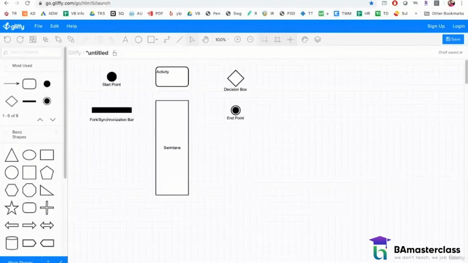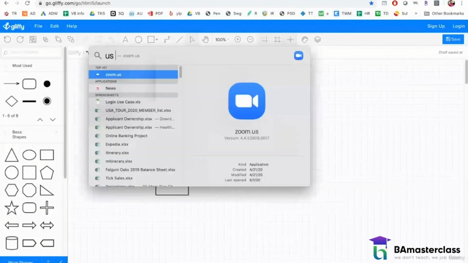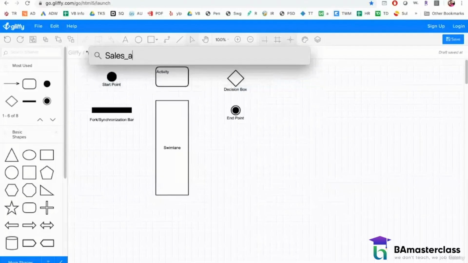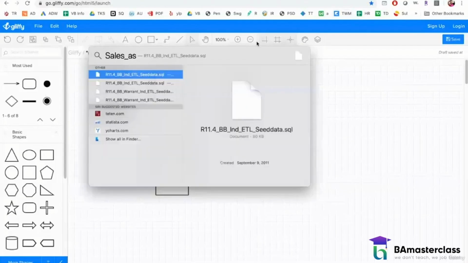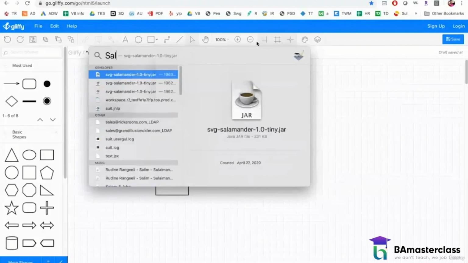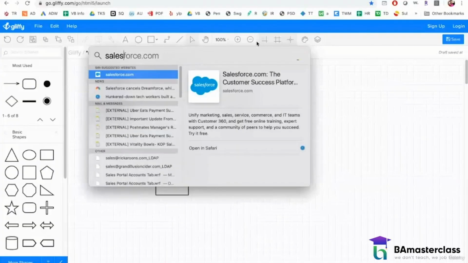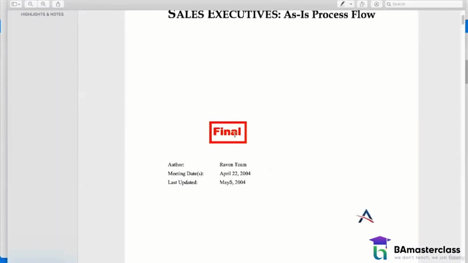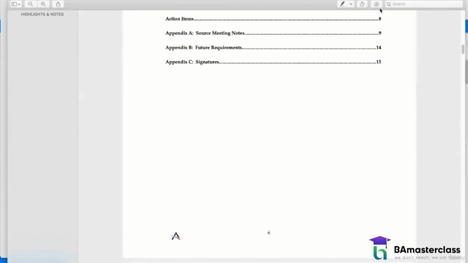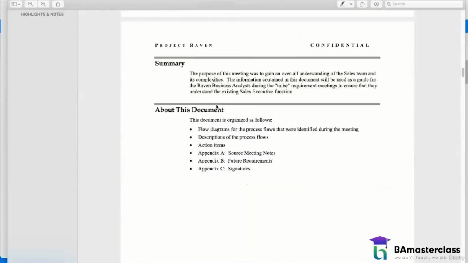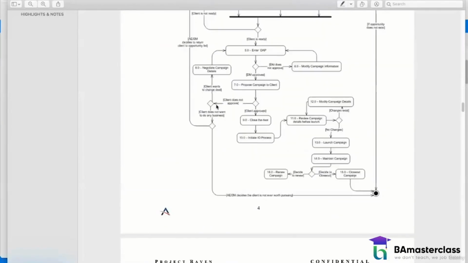Now let us see an example of an activity diagram. All right.